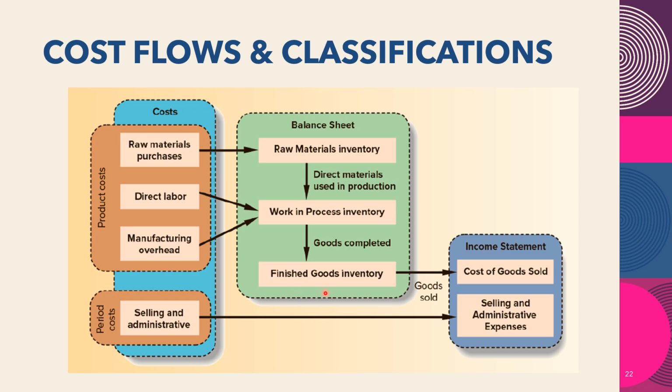Once the finished goods are sold, the cost of the finished goods sold will be transferred to cost of goods sold under the income statement. In order to sell this product, period cost will be incurred. The period cost includes selling and administrative cost. Those costs are expensed in the period they are incurred.